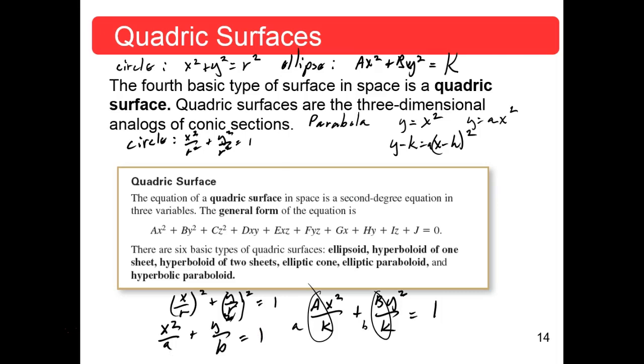The only difference between a circle and an ellipse is that in the circle, both of your denominators are the same, and in an ellipse, they're different. In fact, a circle is a special case of an ellipse. That's when these two are equal. Okay. So just to get in mind, this is what it is.